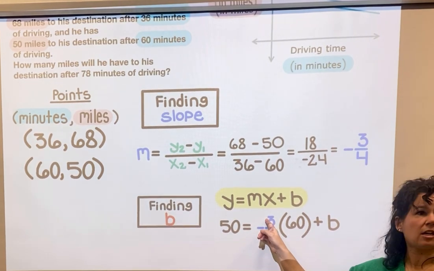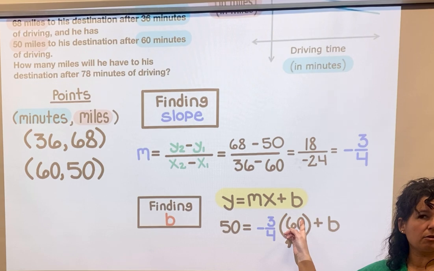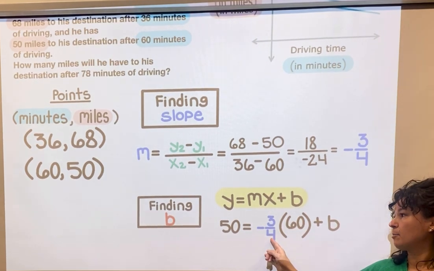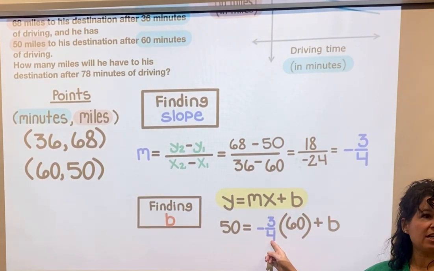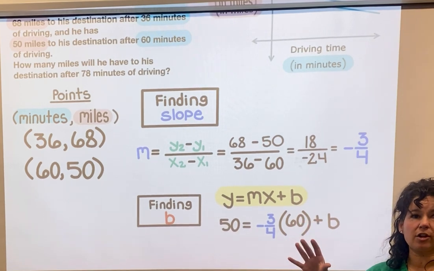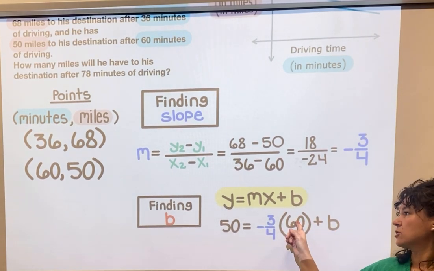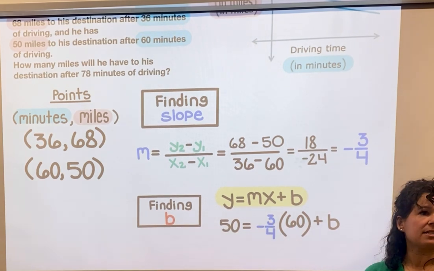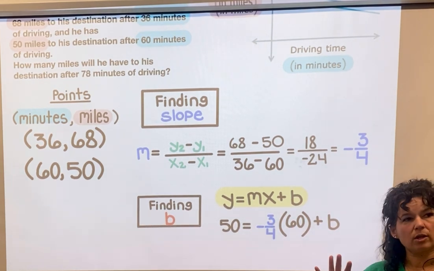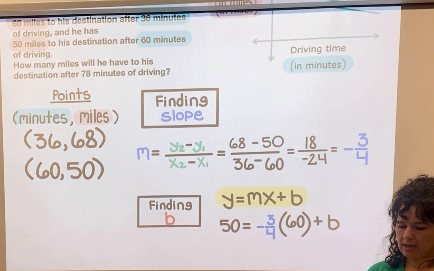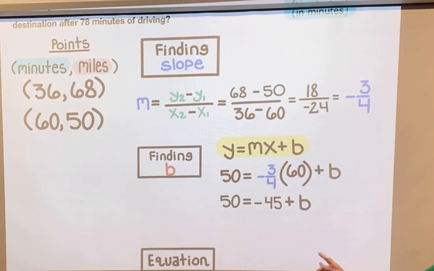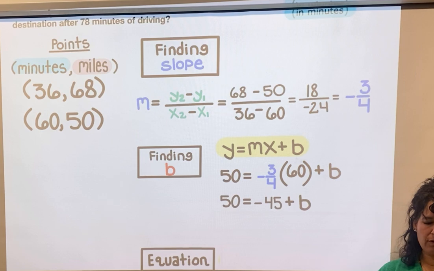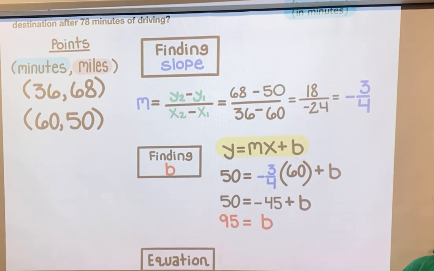And since 3 is in the top, I'm going to be multiplying by the 3. So 60 divided by 4 is 15, because half of 60 is 30, and then half of that is 15. And then 15 times negative 3 is negative 45. Okay, so either way you want to go about that, I end up with negative 45, add over the 45, and I get 95 for my b.